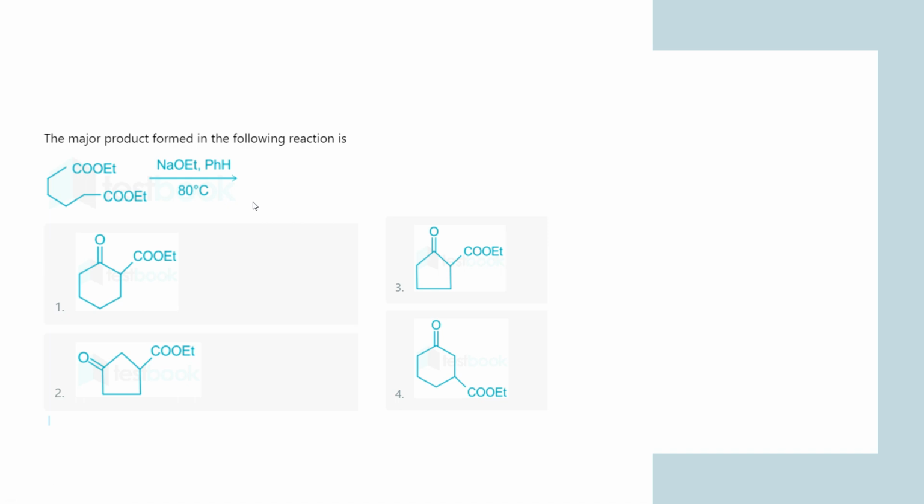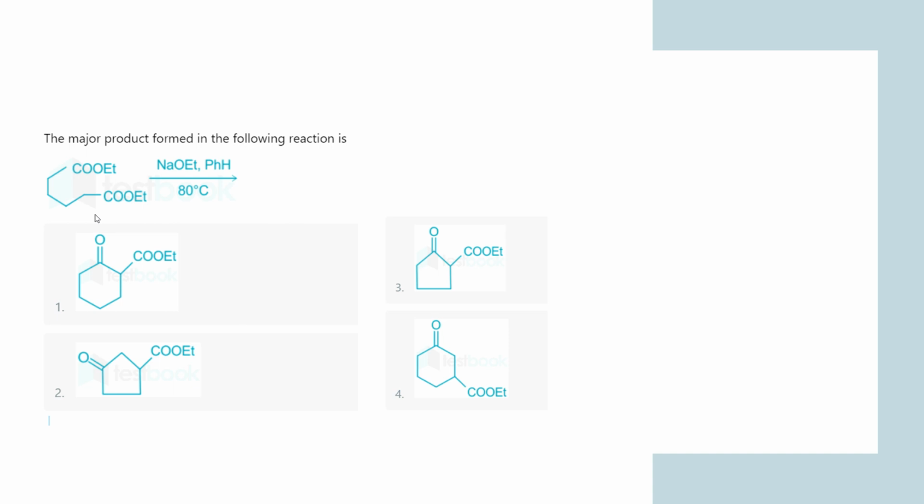So you are given four products and two of which are again beta ketoesters and the other two are not. So you have to figure out which product you are going to get when you treat this diester compound. Okay. So let us go step by step how this diester compound undergoes condensation reaction in presence of base.